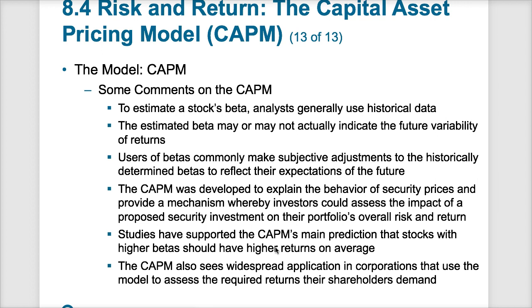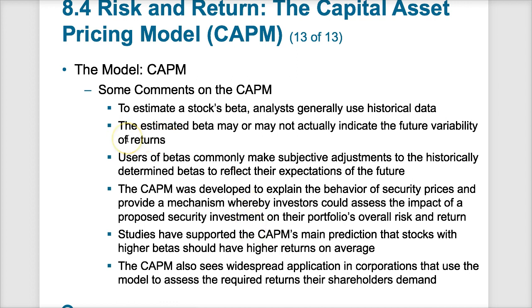So just some comments on the capital asset pricing model: to estimate a stock's beta, analysts generally have to use historical data, and the beta could be based on anywhere from 3 to 5 years' worth of data. Now, beta is based on past data, and past share price specifically.